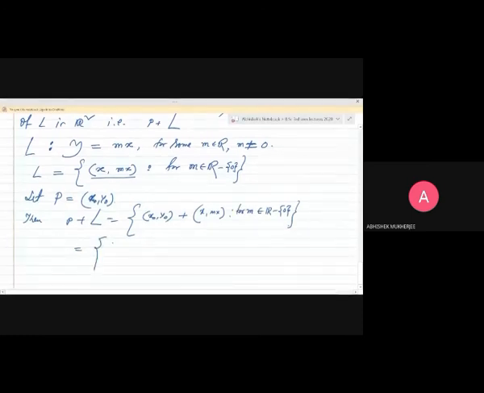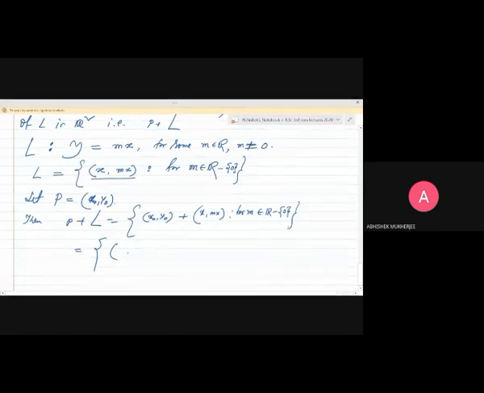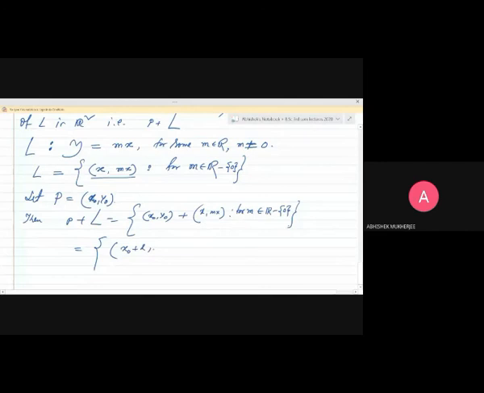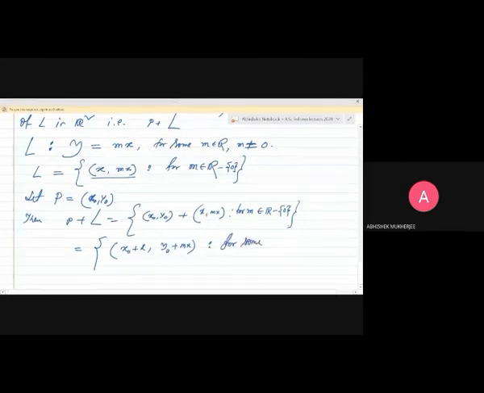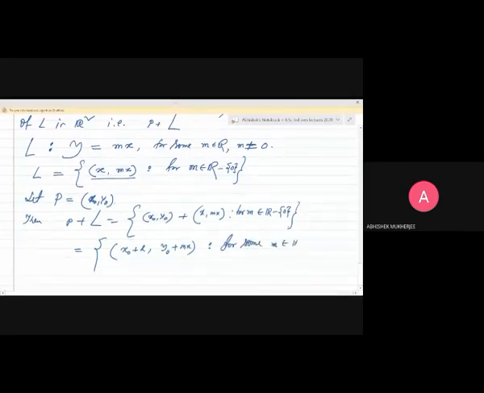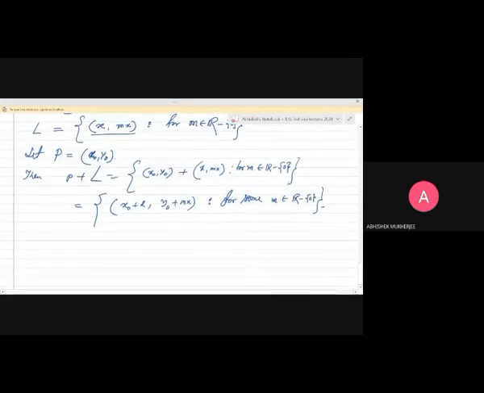So that means it is (x0 plus x, y0 plus mx) for some m belonging to R minus 0.